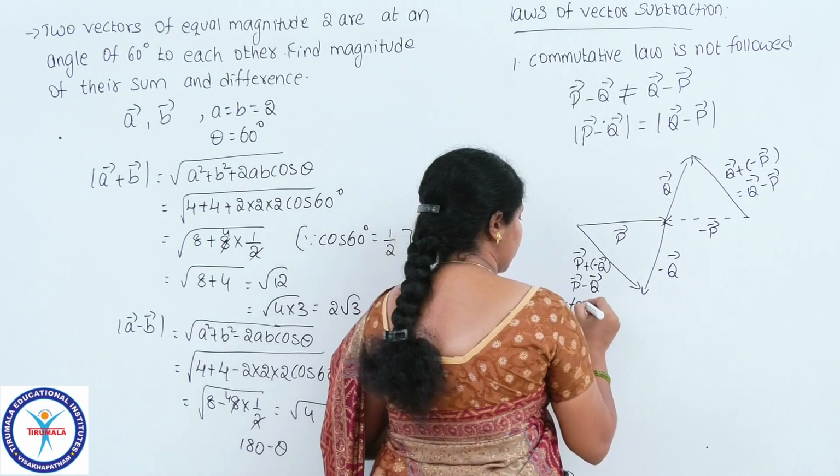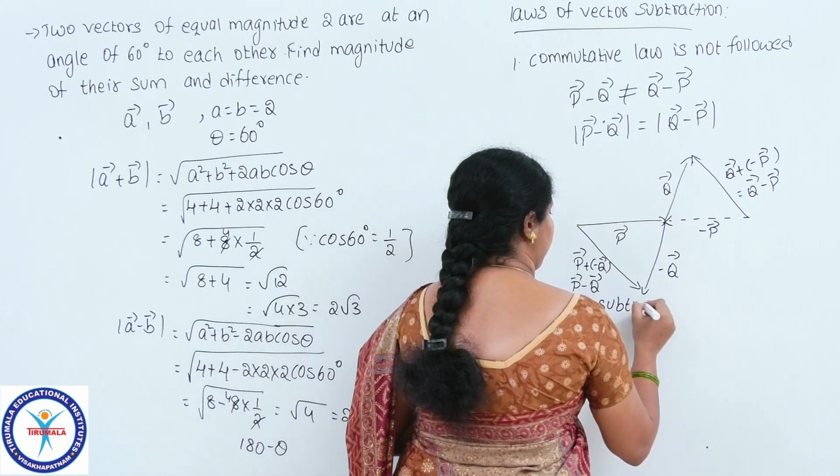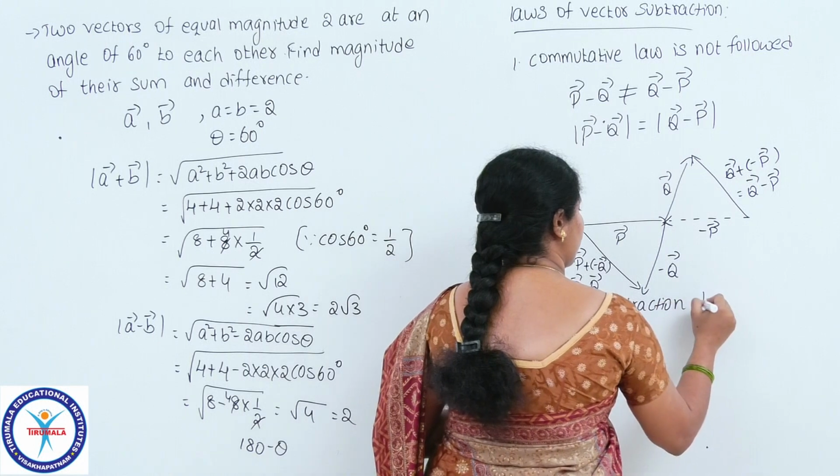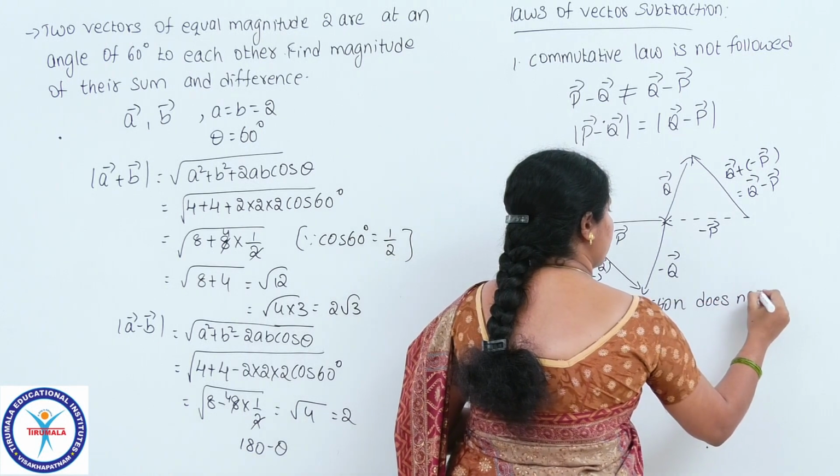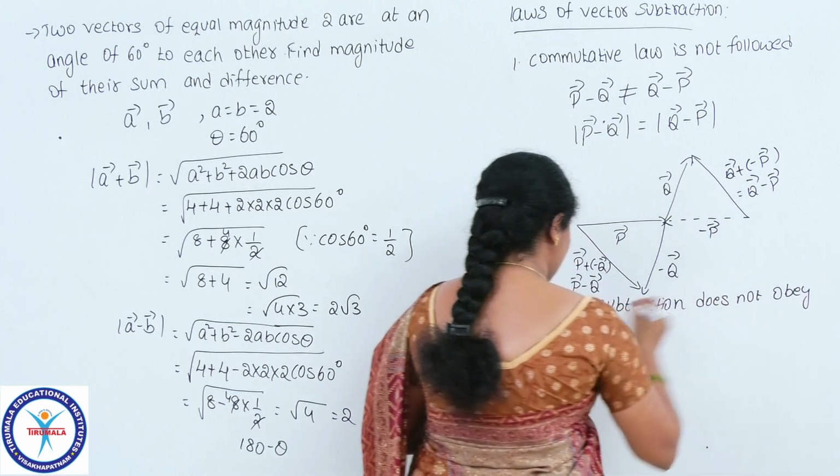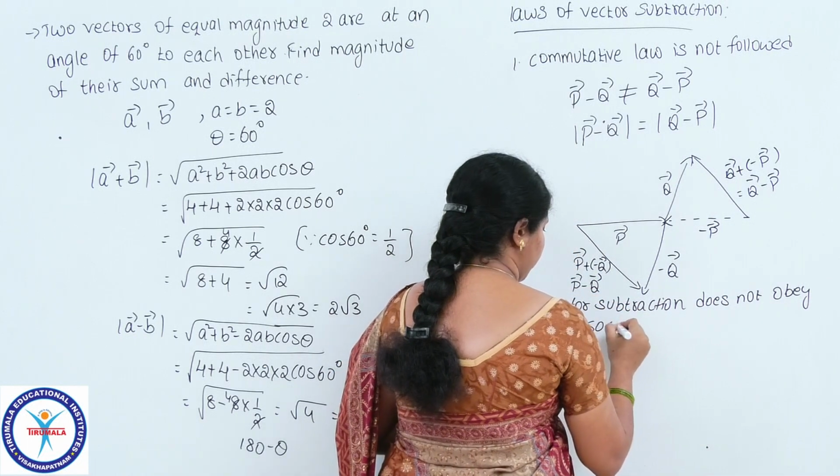And the next one is, vector subtraction does not obey associative law.